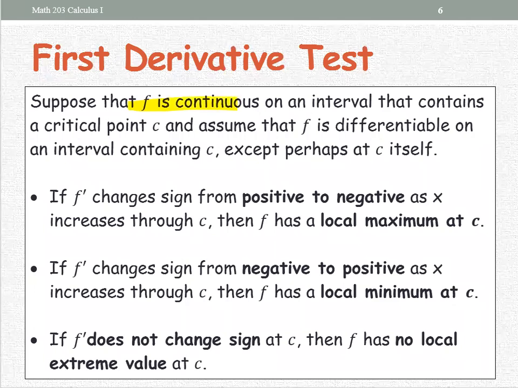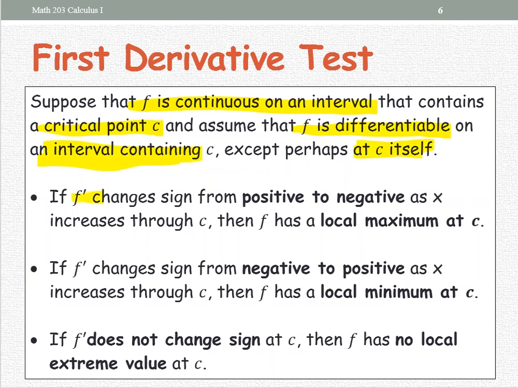Suppose f is continuous on an interval and contains a critical point c. And how do we find the critical point c? We find the derivative and look for the x or the c where f prime is 0 or f prime is undefined. Assume f is differentiable on an interval containing c, except possibly at c itself.